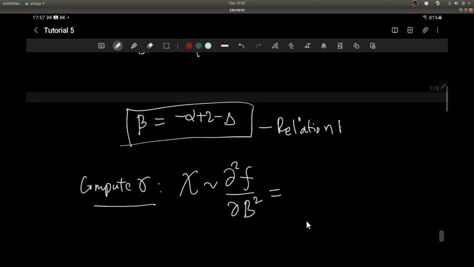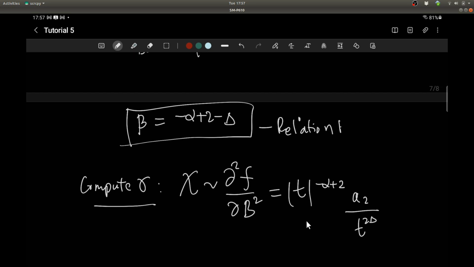So this will go like t power minus alpha plus 2, and we have to differentiate the a2 term, b power 2 and t power 2 delta, twice.